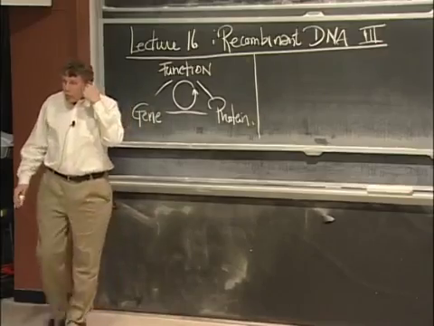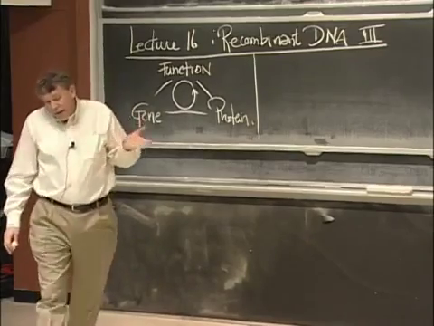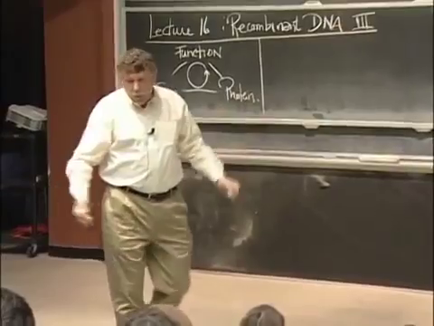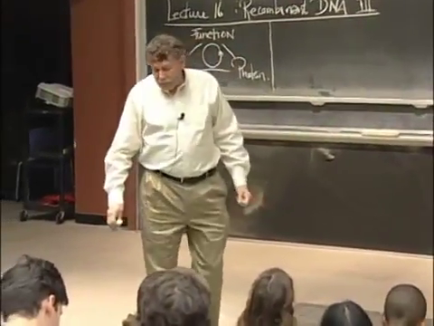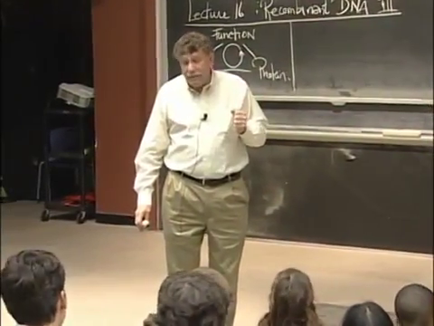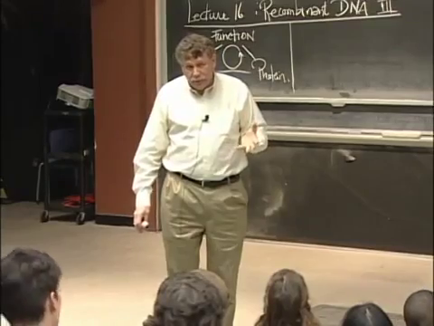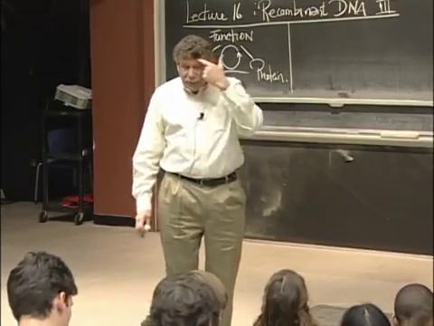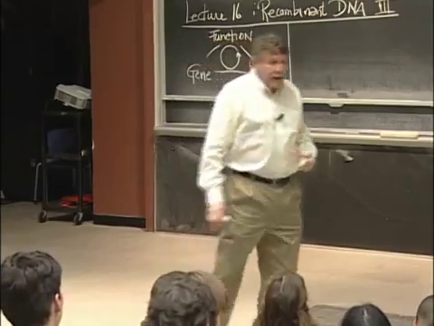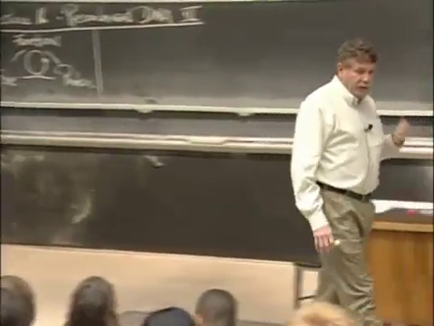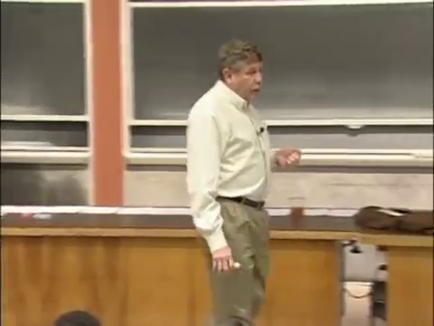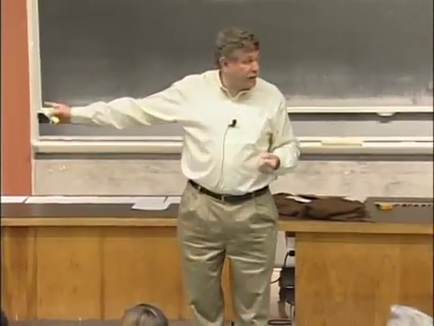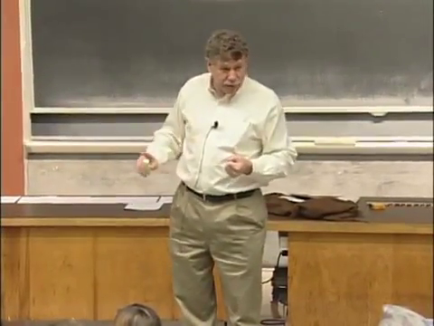Being able to go from a function, like the ability to make your own arginine, to a specific gene, to a specific protein, and to be able to connect those up. In principle, by the time we're done with recombinant DNA, one should be able to go from any vertex of that triangle to any other vertex of that triangle.